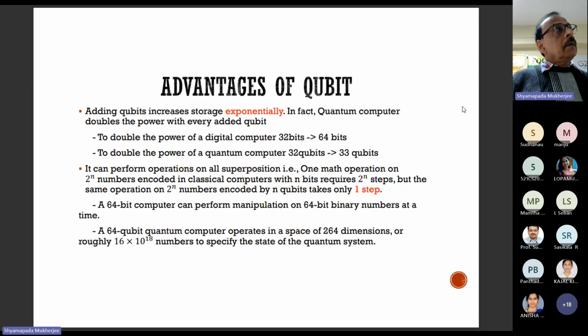For example, take Shor's algorithm, how it was developed. Cryptography makes use of the prime factorization problem. Suppose there is a very large number, and I want to factorize it into prime numbers, then I have to develop some algorithm. Till now, all the cryptography in this world is based on this prime factorization problem.